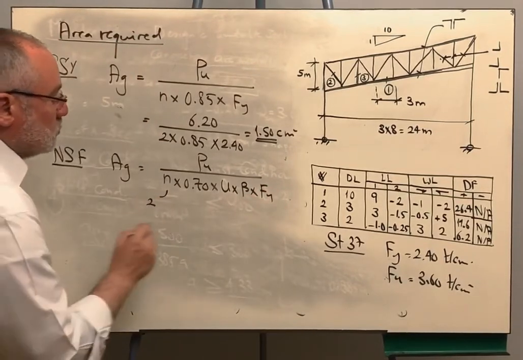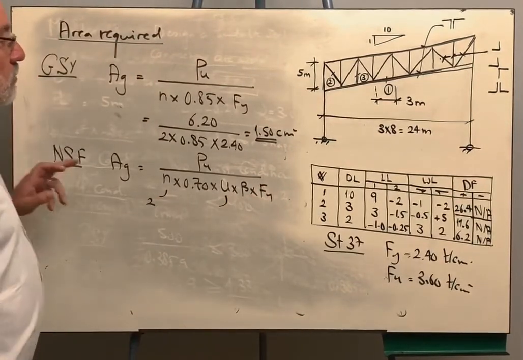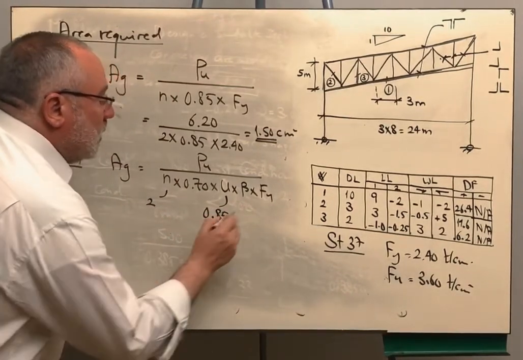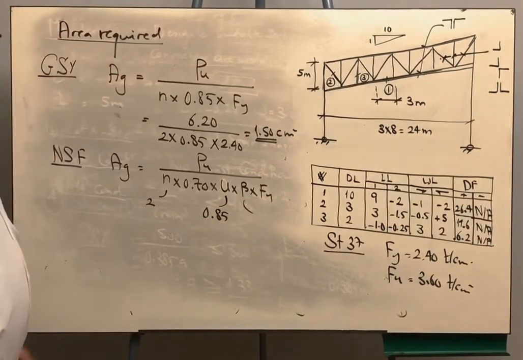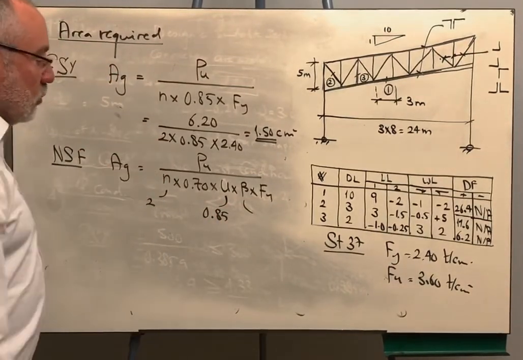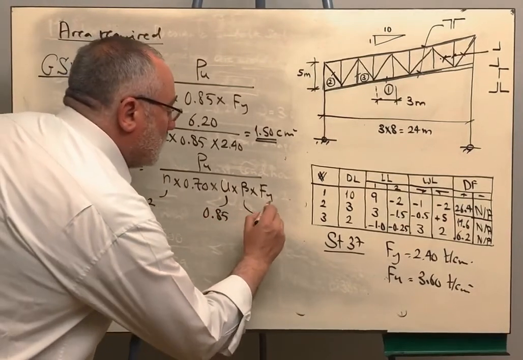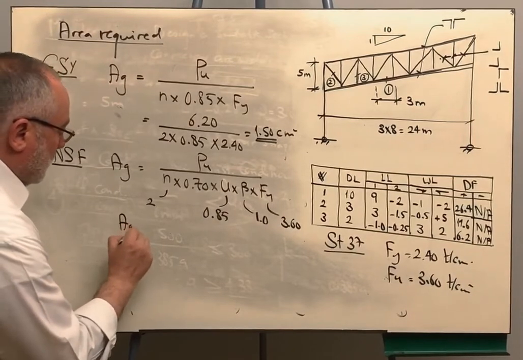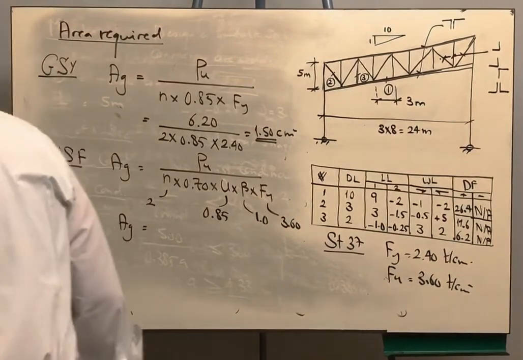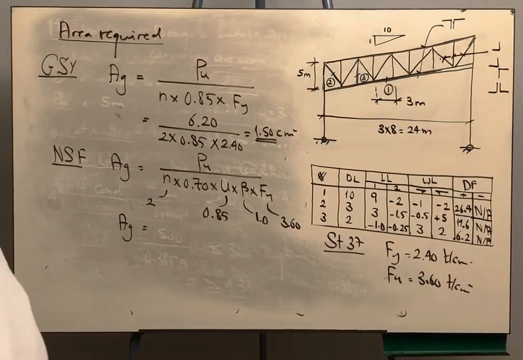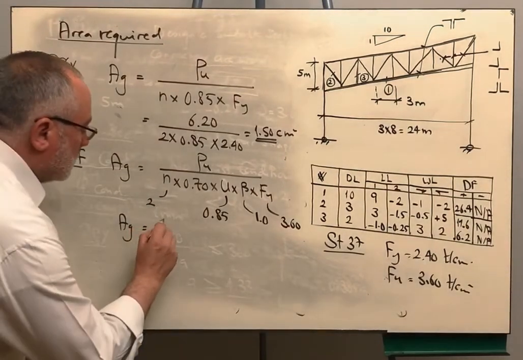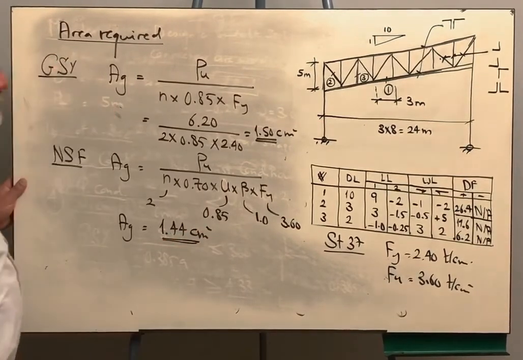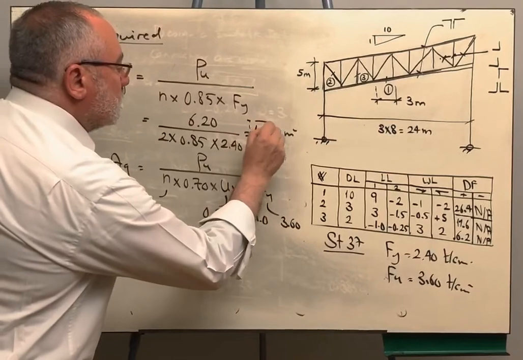The value of N is 2, and the value of U, because this member is welded, is 0.85, and this member is welded, so there is no deduction due to the presence of the bolt hole, so beta is 1, and the value of F ultimate is 3.6. From there I will get the required area, and it will be 1.44 centimeter square. Of course, this area will govern.